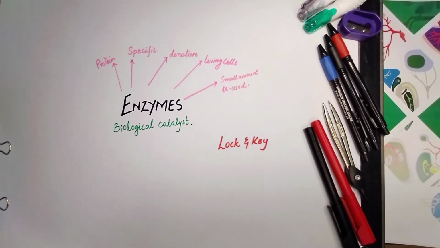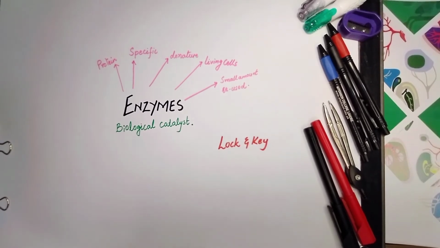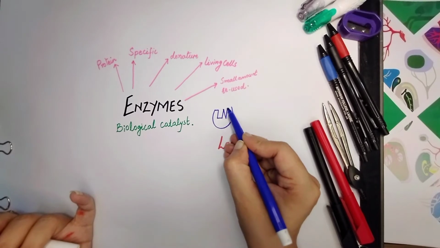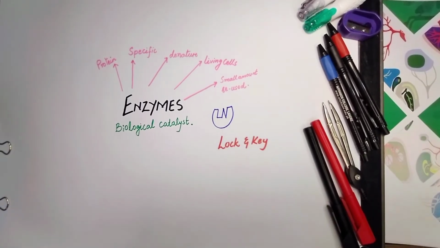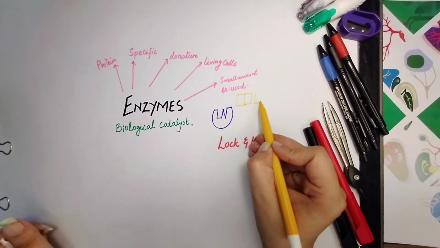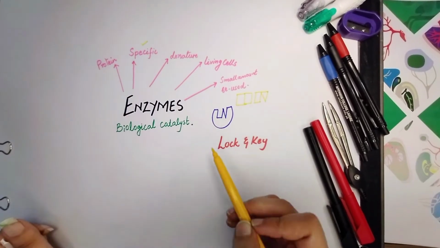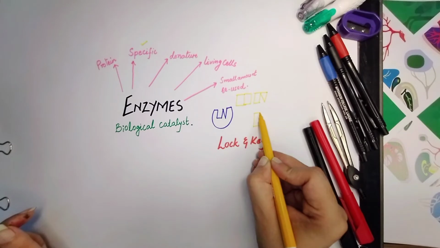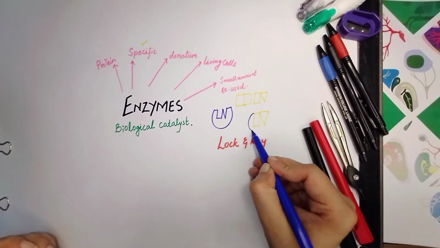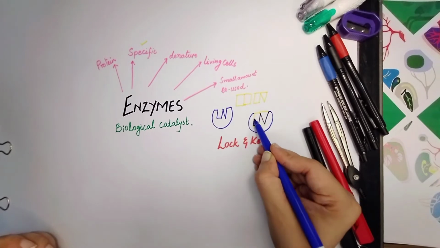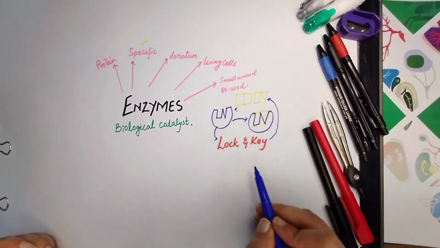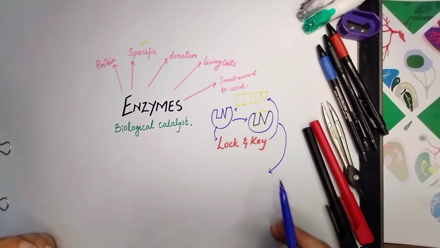The lock and key hypothesis explains the mechanism of action of enzyme, how these enzymes work basically. You can see that an enzyme is just like a lock which can bind to a very specific key. As a lock can only recognize a specific key, similarly, an enzyme can recognize only a specific substrate, and that specific substrate has to be complementary to the shape of the active site of the enzyme.